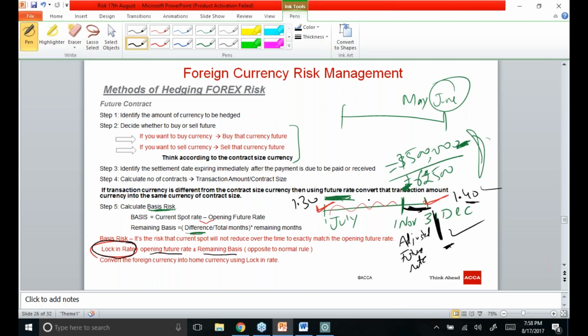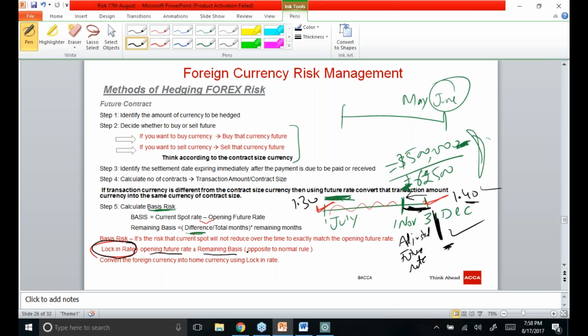But if this trend is going upward, obviously 1.3 to 1.4 is an upward trend, we are adjusting this remaining basis with the opening future rate. So we are not going forward, we are coming from the last one back.